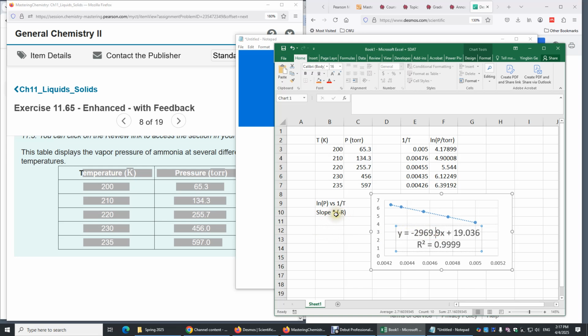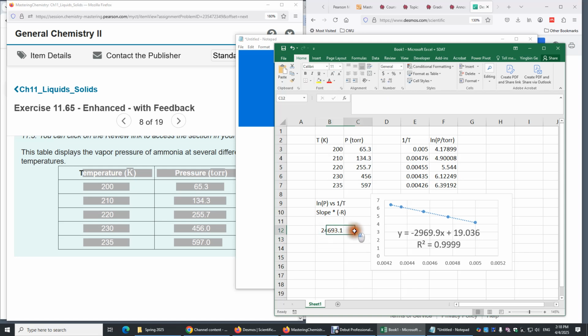The slope multiplied by negative R is the heat of vaporization, so equals the slope times negative R. Over here we're going to use 8.31446 in joule per mole Kelvin.